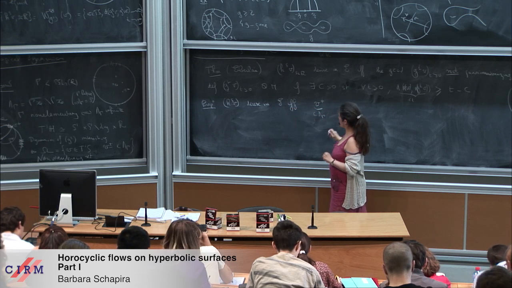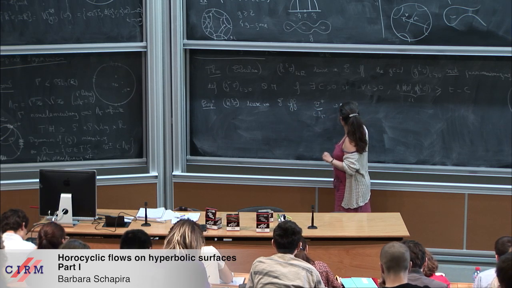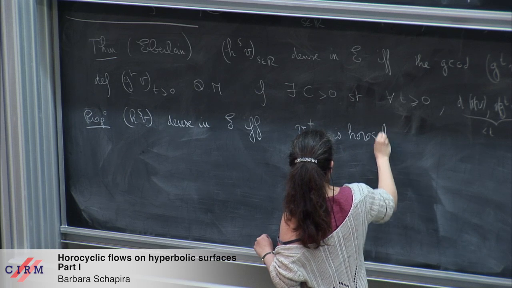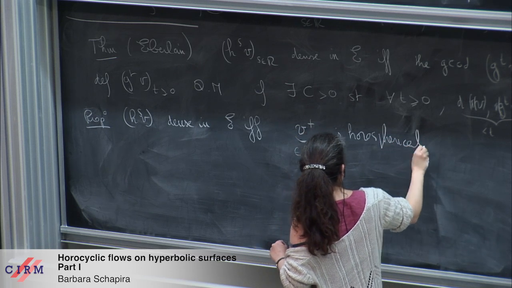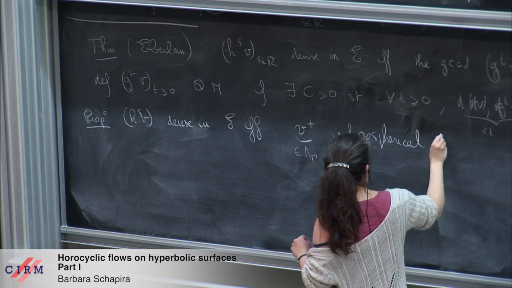The horocycle is dense if and only if this point is horospherical, is a horospherical limit point.